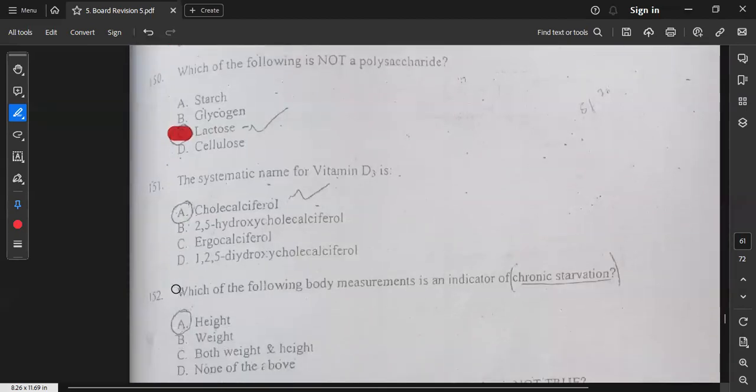The systemic name for vitamin D3 is cholecalciferol, 2,5-hydroxycholecalciferol, ergocalciferol, and 1,2,5.